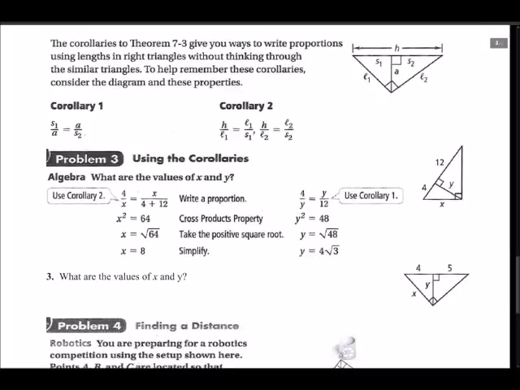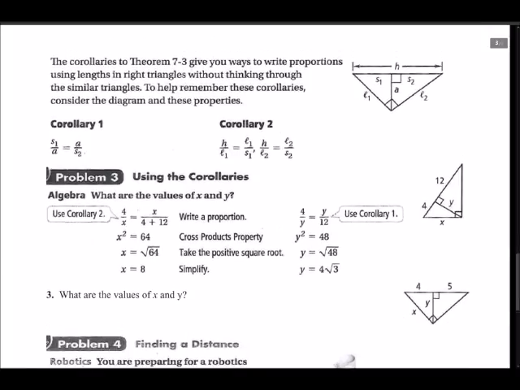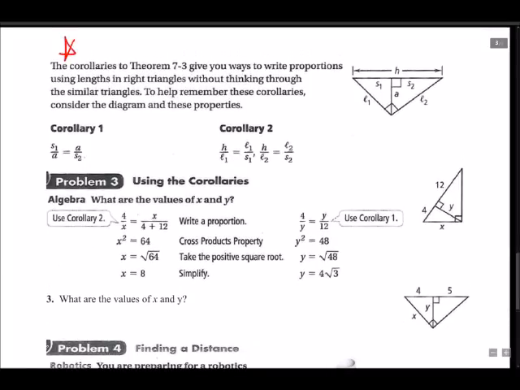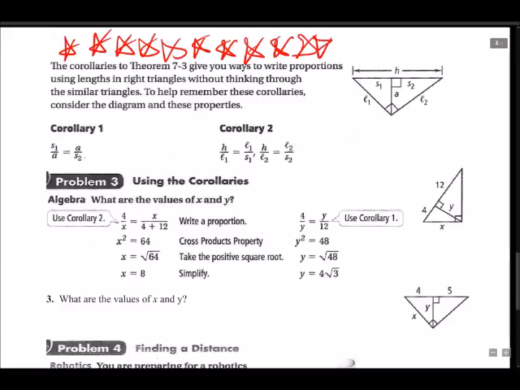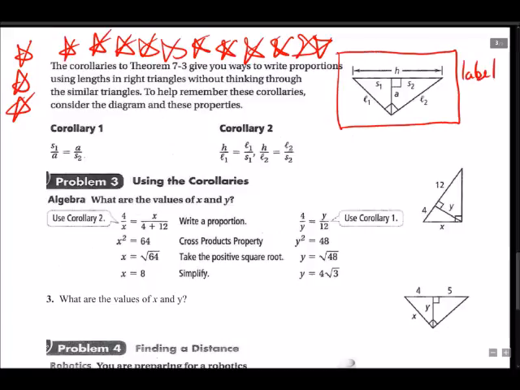And if we go to this page, all of it is summed up right here. I can't draw enough stars. We'll even put some down the side. This right here is how you should label every triangle you're dealing with.